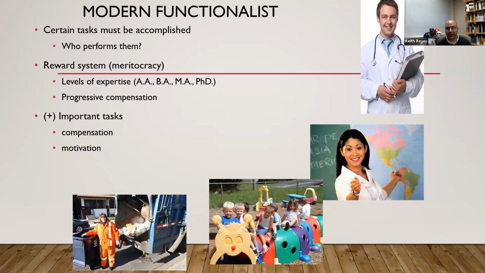So it's not a coincidence that when you go to college and you earn your Associate of Arts, you get a likelihood of an increase in your income potential over a high school graduate. If you go on to get a 4-year degree, your Bachelor of Arts or your Bachelor of Science, then you're more likely to earn greater returns on your degree than if you had an AA or a high school diploma.